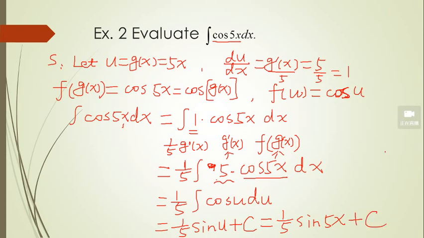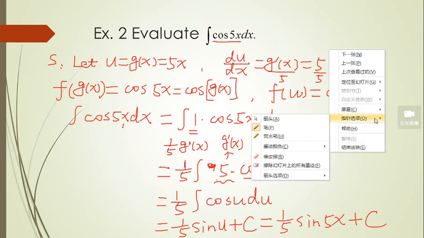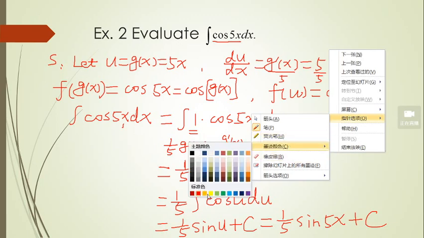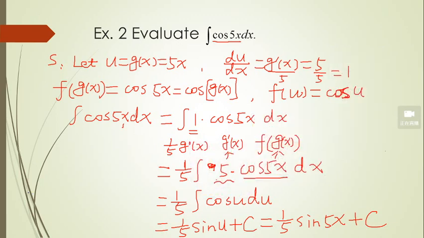Again, we can go back and check whether the function we evaluated is right or not. Take the derivative of this function with respect to x: 1/5 sin(5x) plus a constant c.